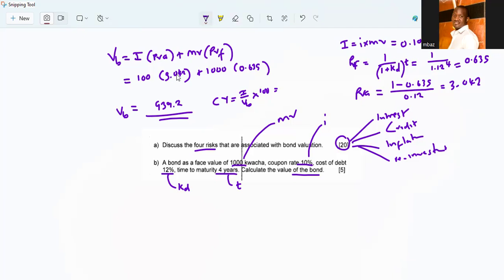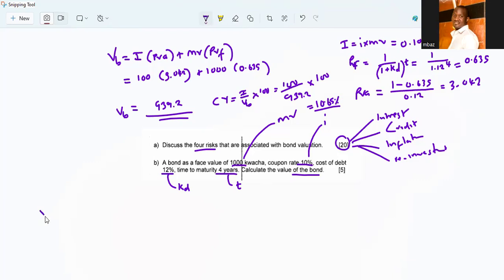So what was our coupon value? 100, over the selling price of the bond, 939.2, times 100. What do we get? 10.65. So that's the current yield.